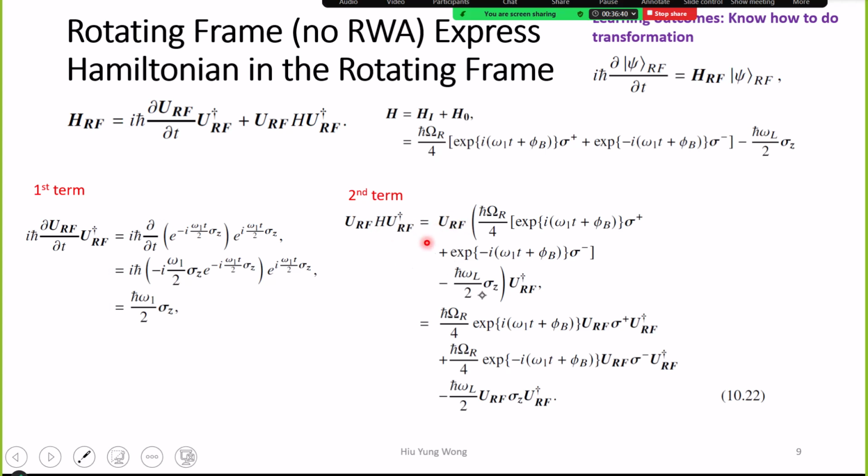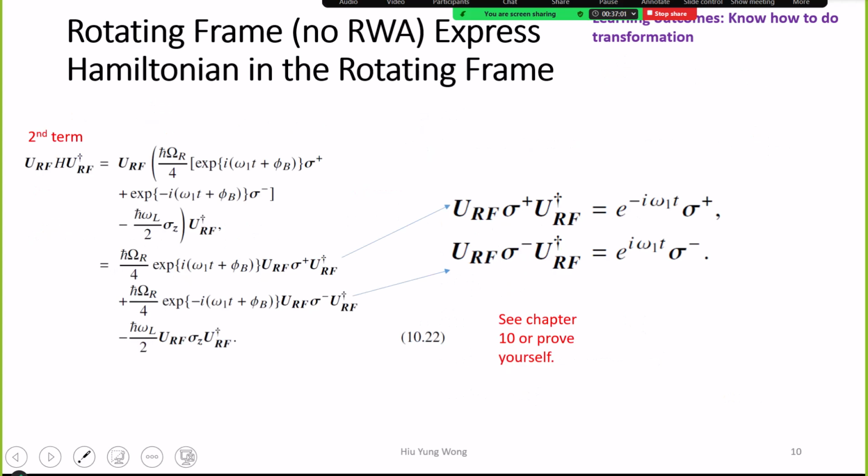So I have URF dagger, and then just copy this whole term. And what I need to evaluate is URF sigma z URF dagger, URF sigma minus URF dagger, URF sigma plus URF dagger. You actually can calculate it yourself using matrices. You can check my book. But more importantly, usually people just check the table.